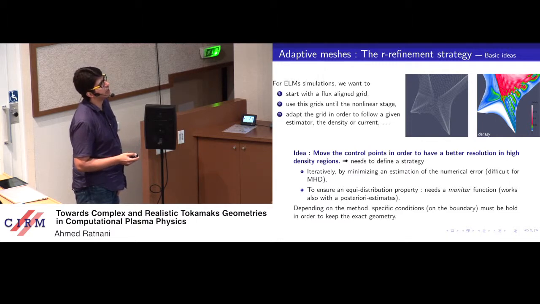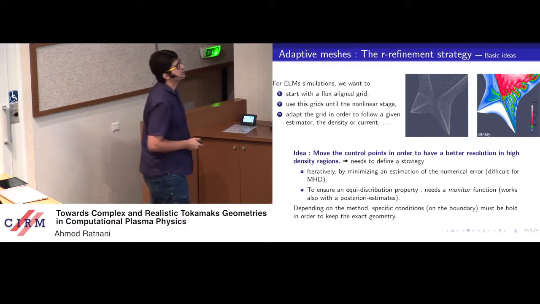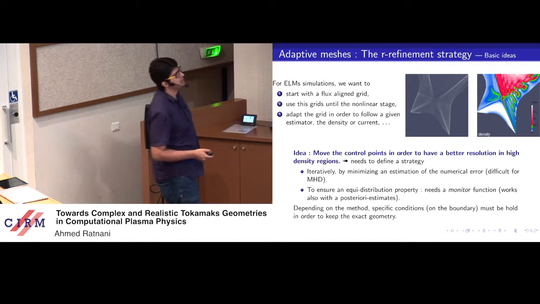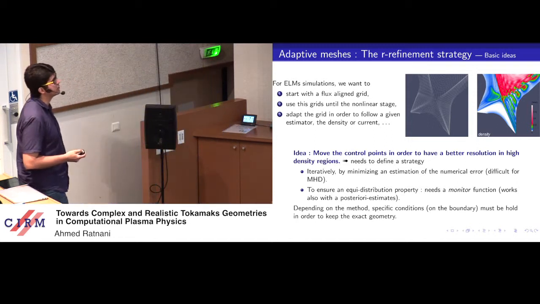For example, when we have ELMs, we have a structure like this. As you can see, the meshes here are bigger than inside the plasma, and so we lose accuracy here. Otherwise, we have to refine to have a very refined mesh in this part. But this leads to bigger systems, and this is what we want to avoid in this work.